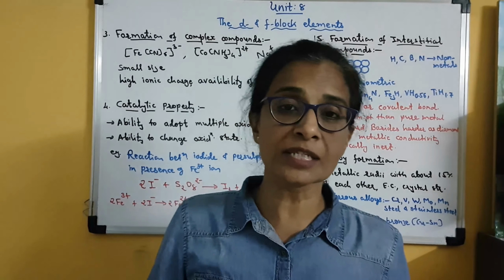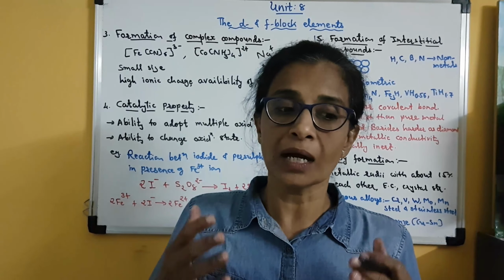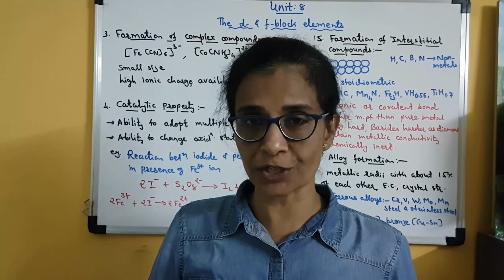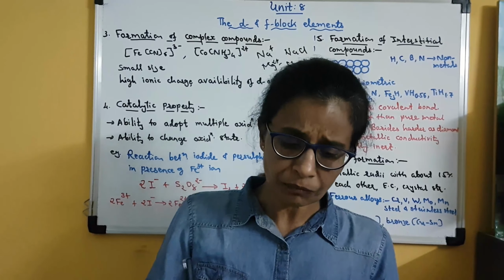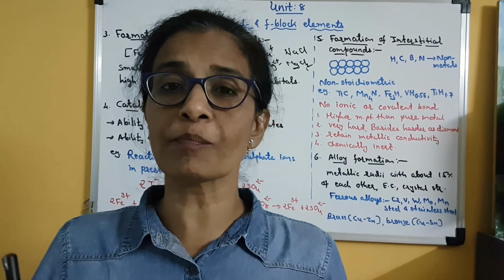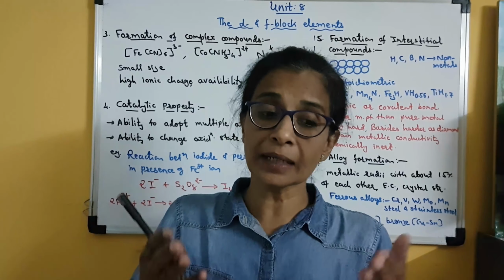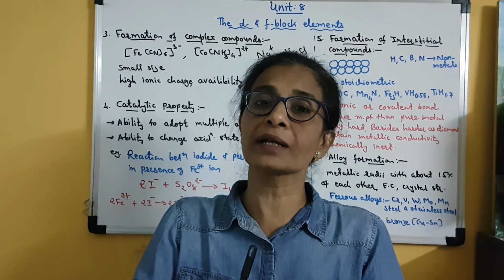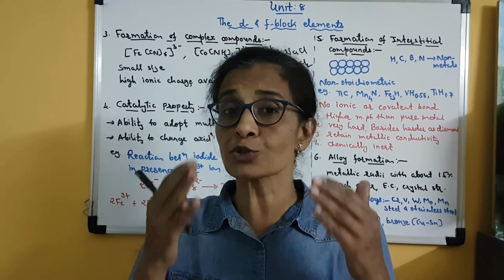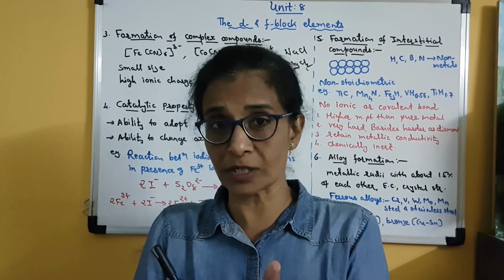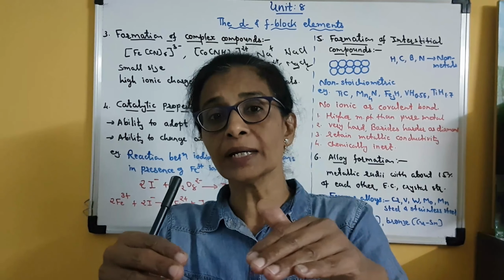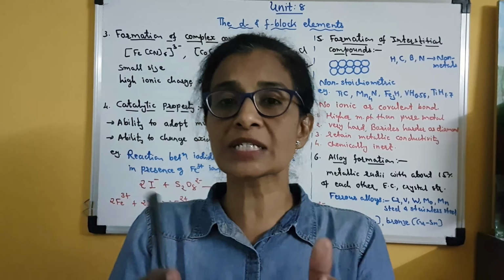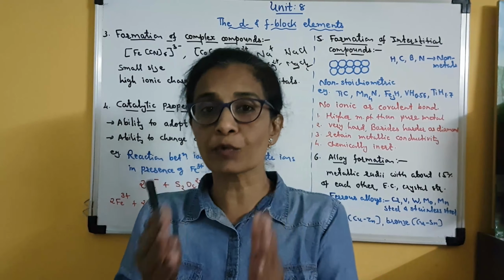See, transition elements have incomplete d orbitals in their electron configuration, and that is why, whenever they form a complex compound, the electrons that the transition metal ion receives from the negative ions or neutral molecules need to be accommodated. So the transition metal ion must have d orbitals available.